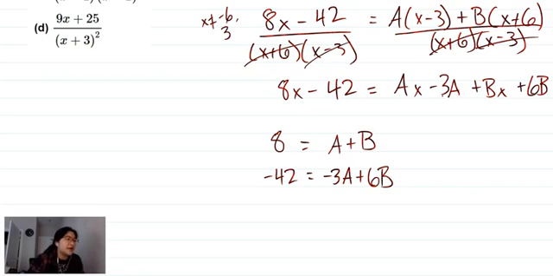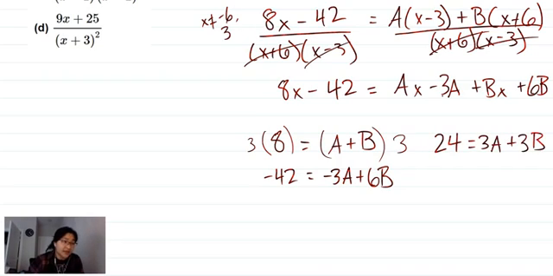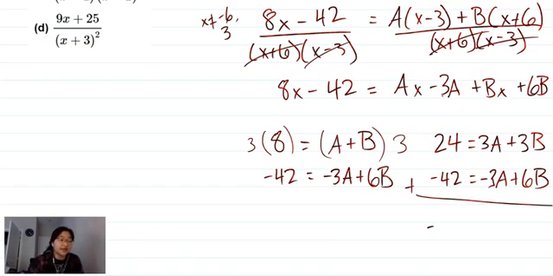Probably multiply everything on the left and the right by 3. So then our first equation is 24 equals 3a plus 3b, and then negative 42 equals negative 3a plus 6b, and then we add these two together.